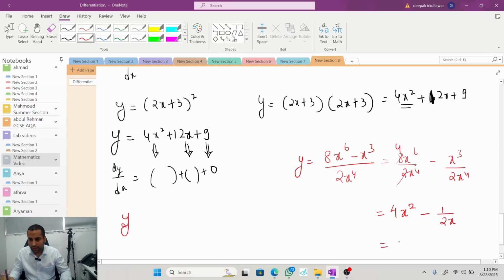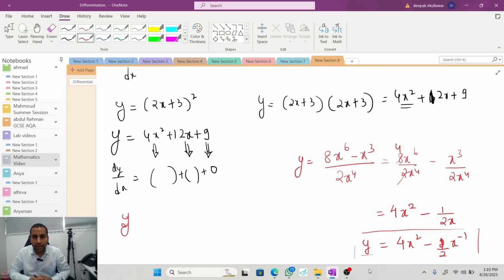So this can be written as 4x square minus 1 by 2 x to the power of minus 1. Then you can differentiate this. Once you get the value of y, having separated all the terms, you can do this. Hopefully you understood this process of differentiation.